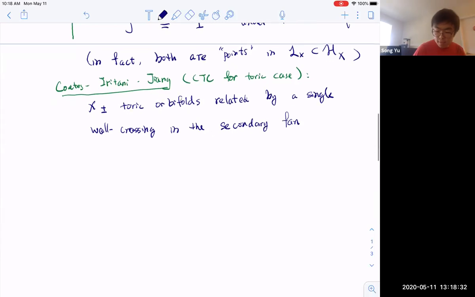So in this case, either X plus will be some partial resolution of X minus, or the two spaces will be related by a flop.